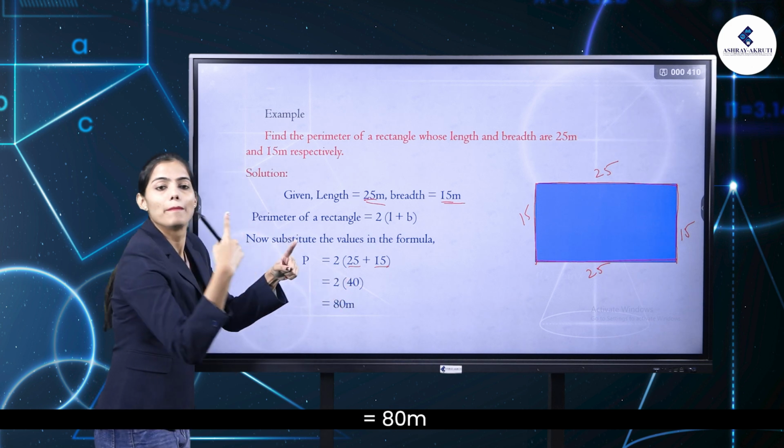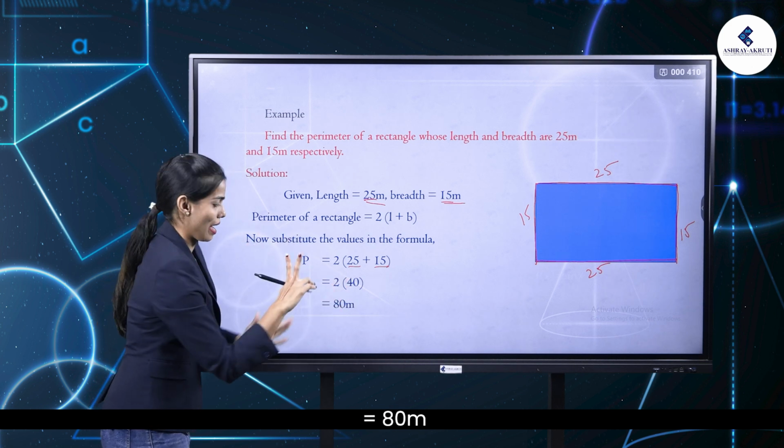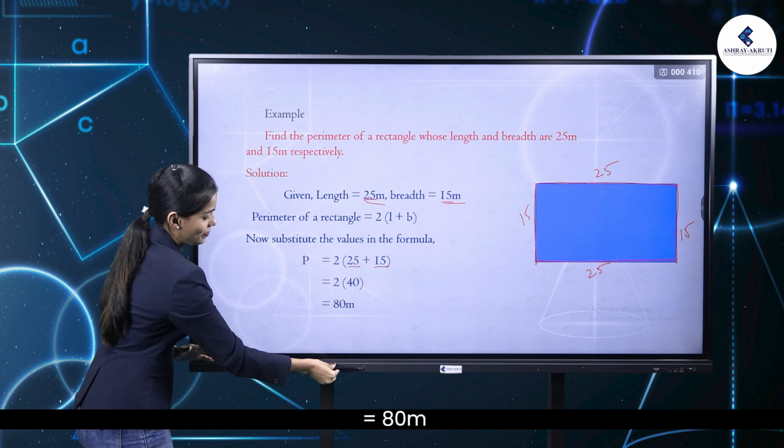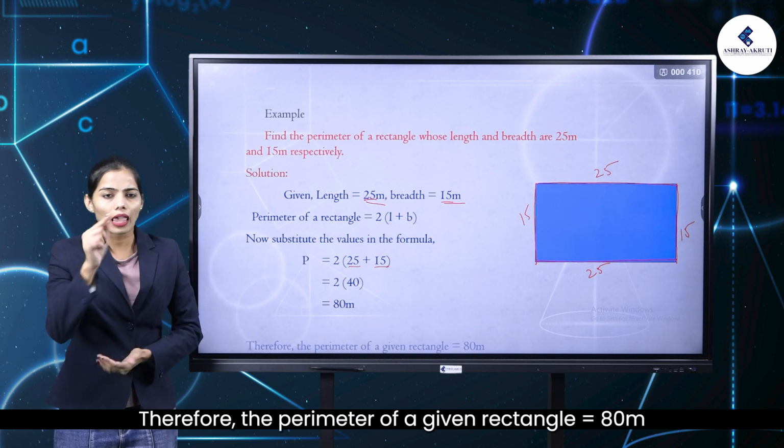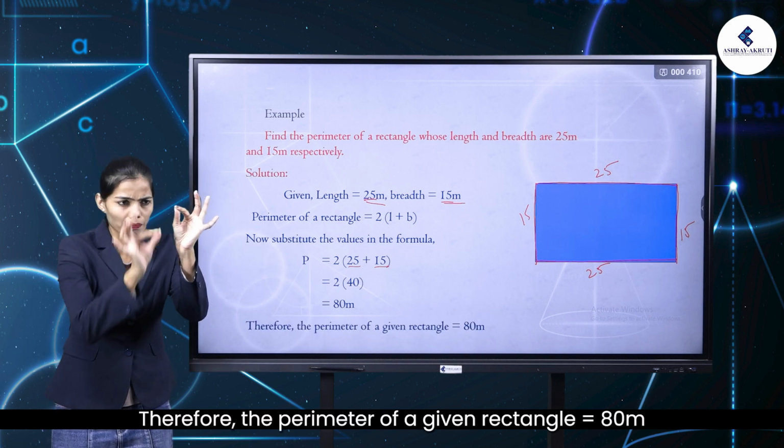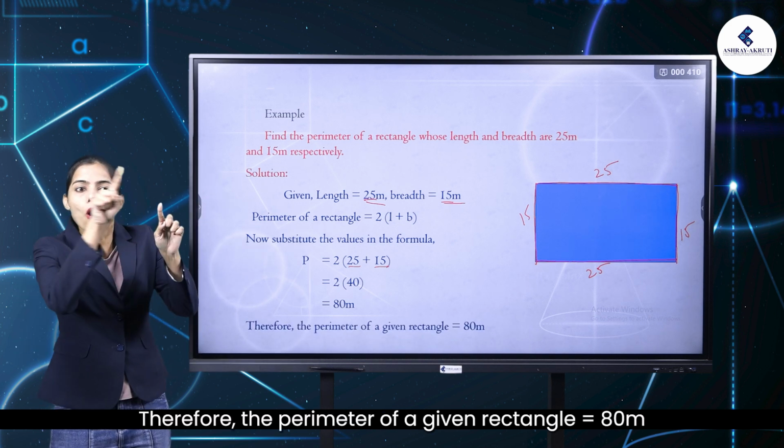Then we get 80 meter. Therefore, the perimeter of the given rectangle is equal to 80 meter.